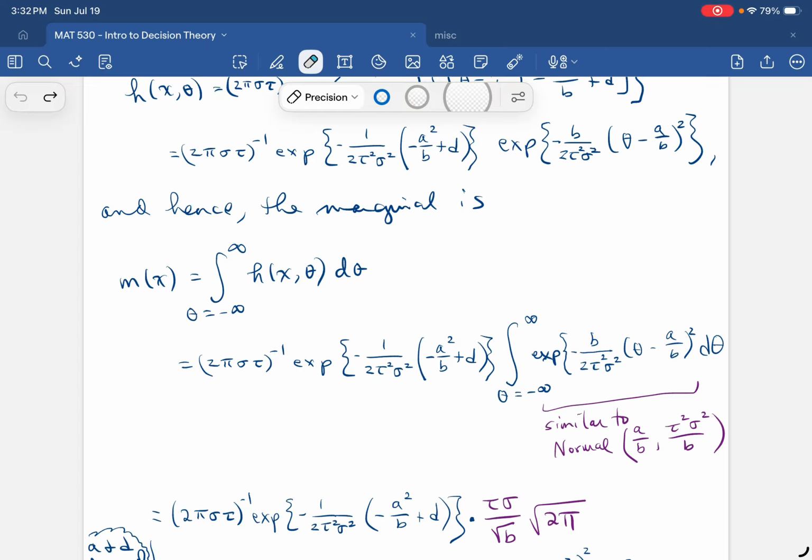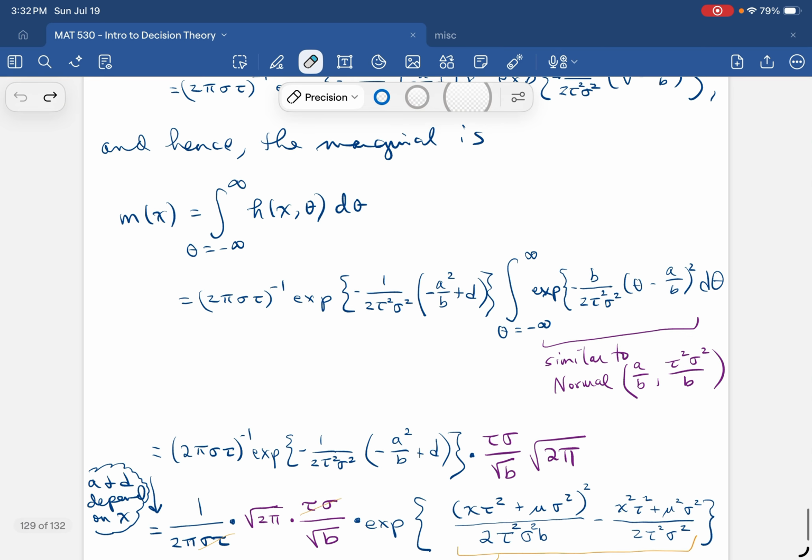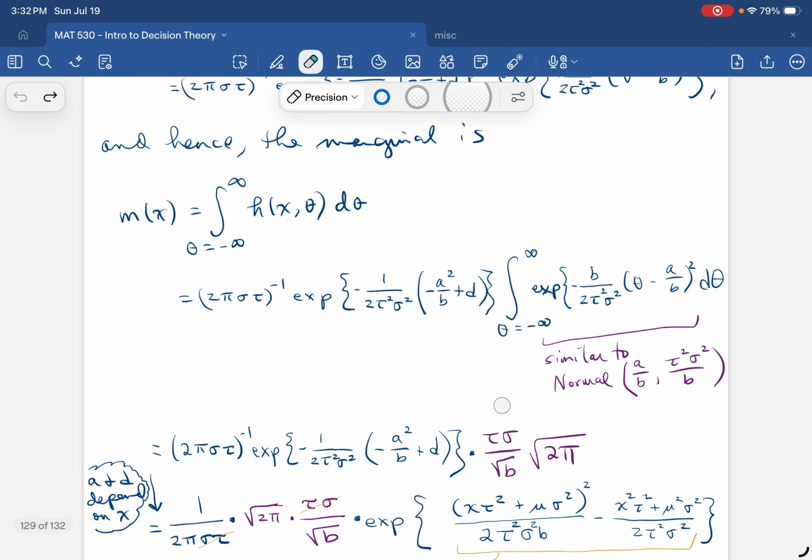And then you can identify that this is similar to a normal distribution with mean A over B and variance tau squared sigma squared divided by B. And then look at the normalizing constant for the normal distribution, and that should show you that this integral is equal to this quantity here.